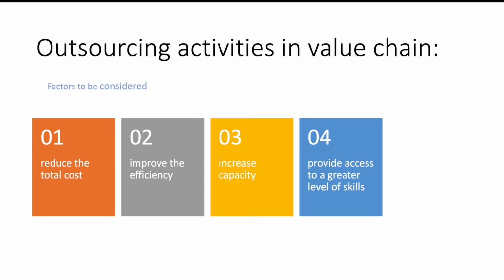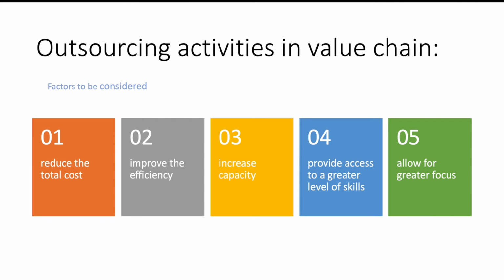It will give our employees access to a greater level of skill, so that they can focus mainly on those parts which are really important for our organization. The fifth one is allow for greater focus, so that they can focus on that. Have you got that? Why are we doing outsourcing activities in the value chain? These are the factors to be considered for why we have to outsource the activities.